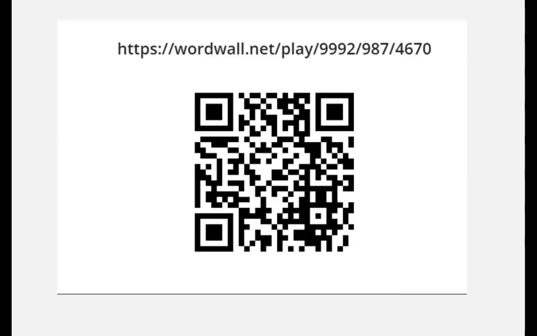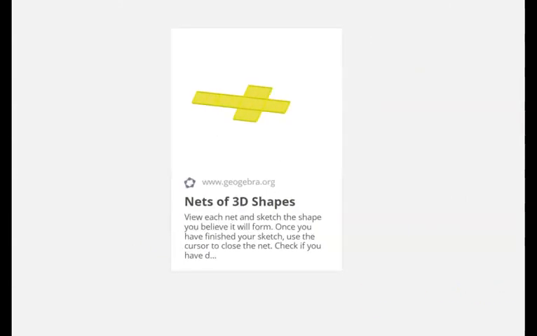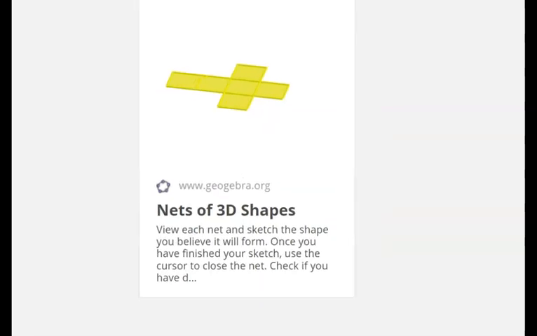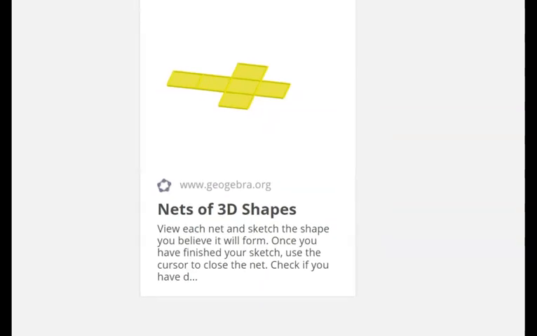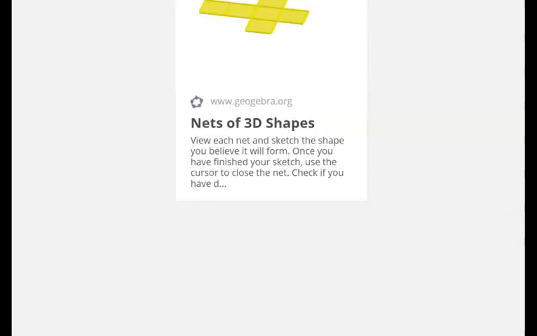Then the next couple of icons will be about websites that I think would be useful, and a definition of them. So there's the website address, and if you search for nets of 3D shapes, it gives you quite a visual way of doing it, opening and flattening them so you can see the nets and what it turns into.